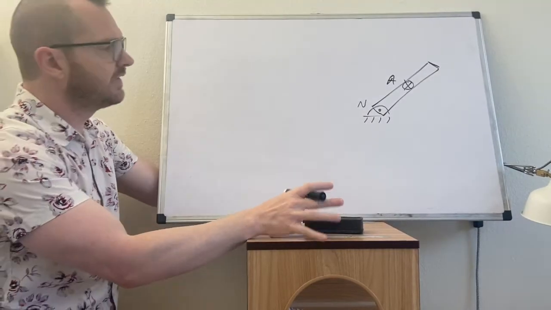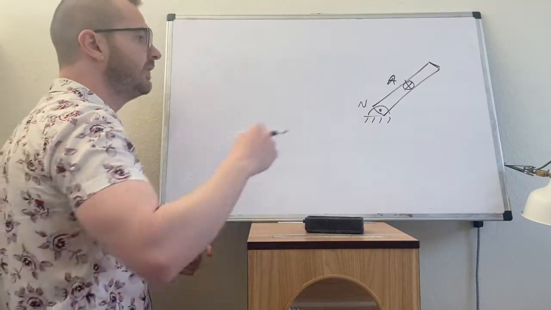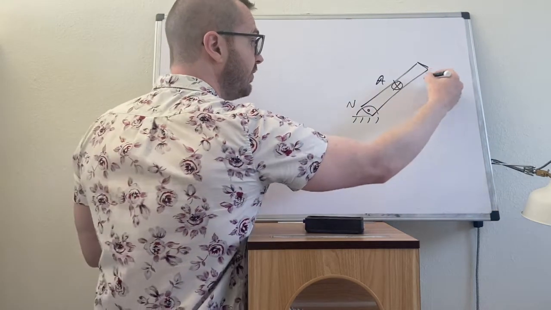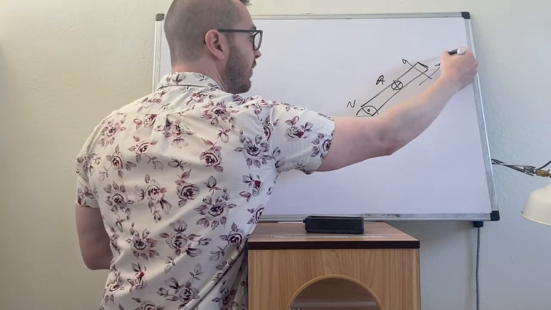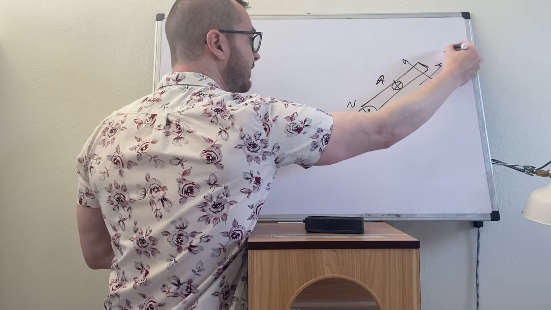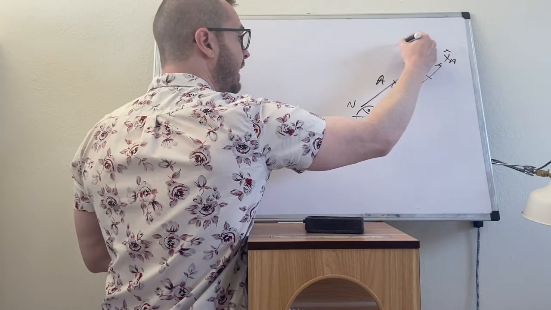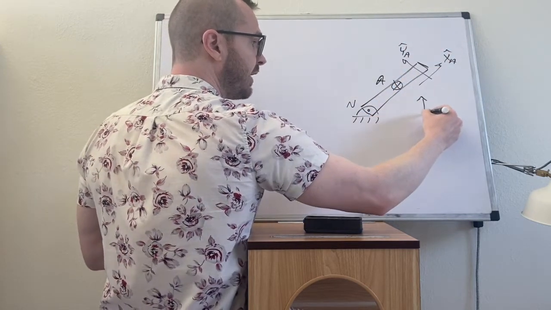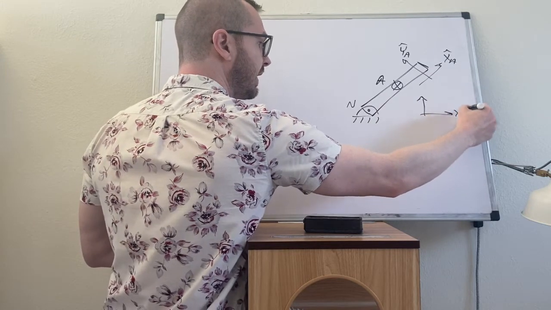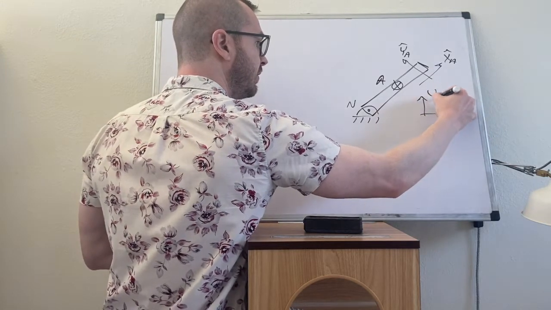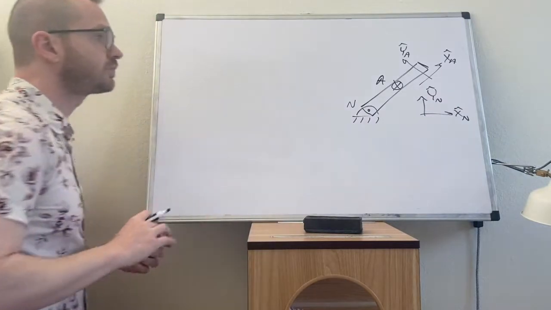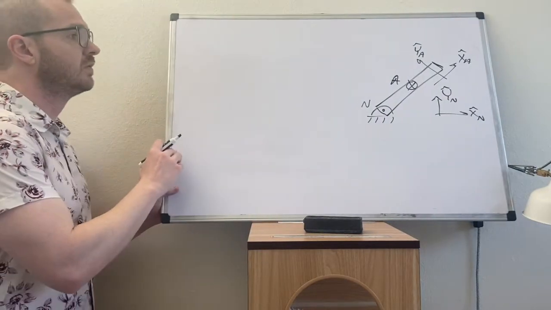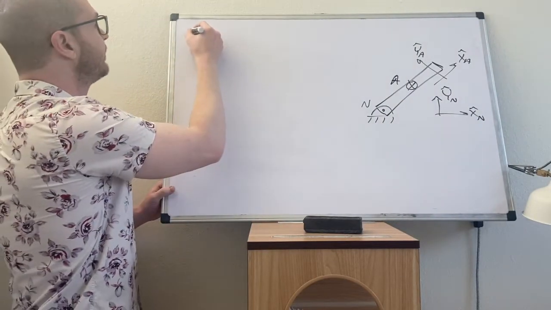We already have the points labeled on the diagram. We still need frames. So A frame here is the XA, YA, we need an inertial frame, XN, YN. Let's do position vectors.